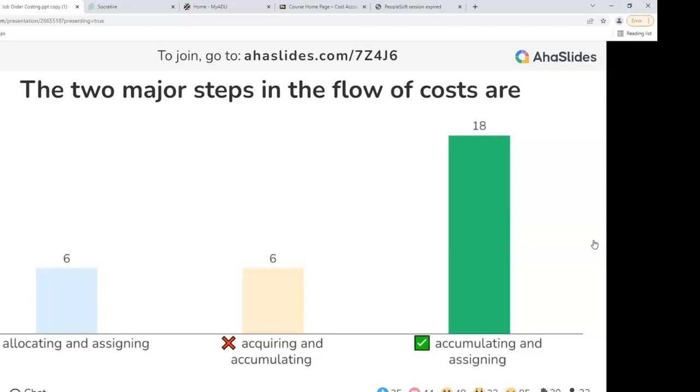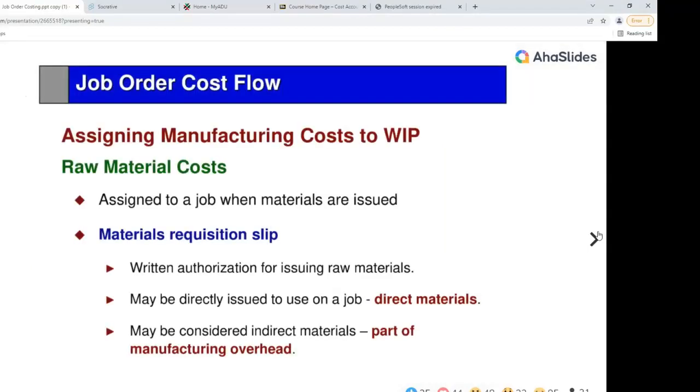You understand accumulating? No, what we're talking about is accumulating the costs and assigning them to the job. All right? Are we clear in the language? Good. Because some of the problem is just the definition of these terms.